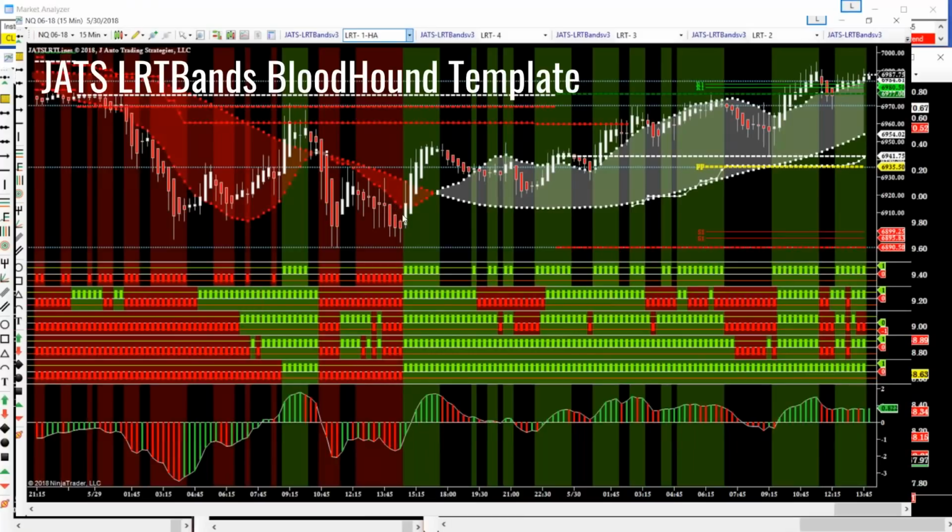But this system, with adding my linear regression indicator to the chart, has just been another addition that's really been helpful for me. I think we were in the trade room the other day. What day was this taken on? May 30th? Yes, yesterday. And we were trying to get this to leave the band, and got that first green, all 4 green going up, and then it failed and came back down.